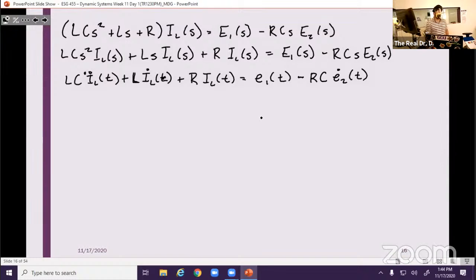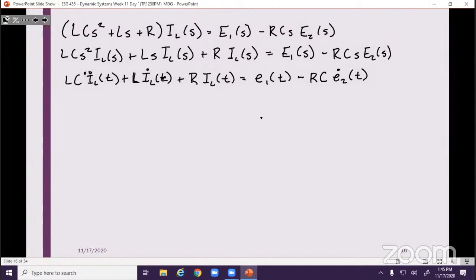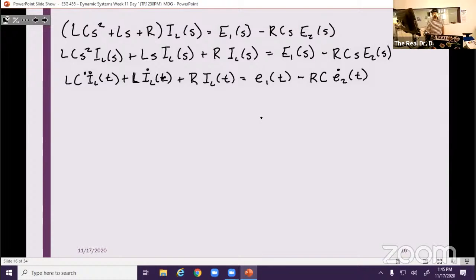How many outputs do you have overall, for the entire system? 2. How many inputs do you have? 2. How many transfer functions should we have? 2 times 2. You have 1 for each input-output pair.